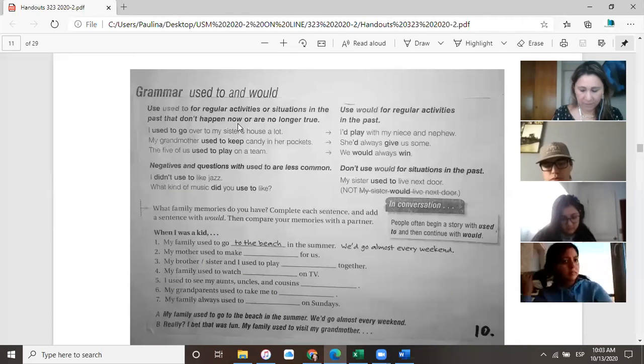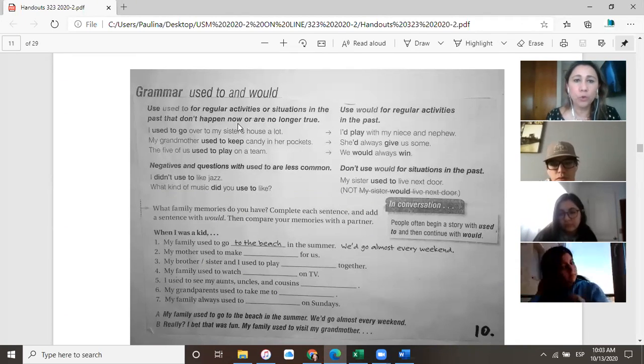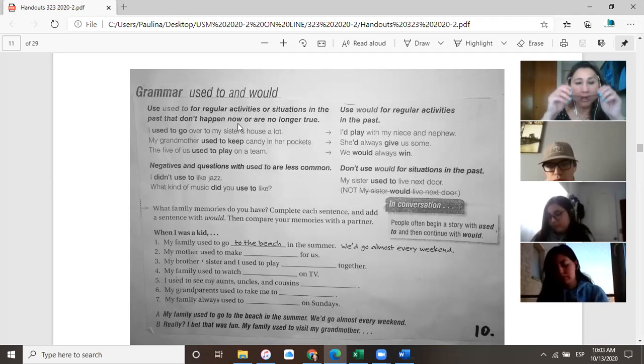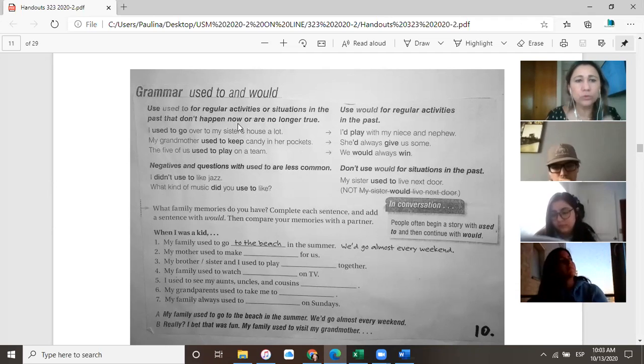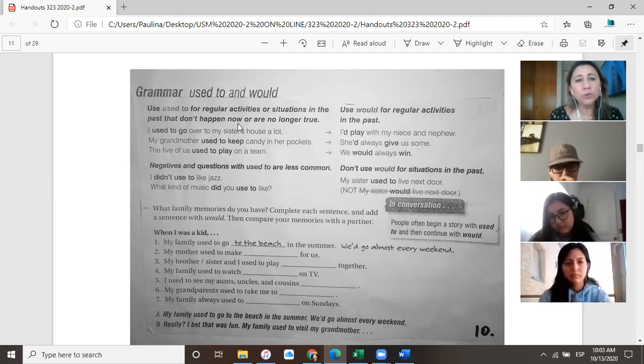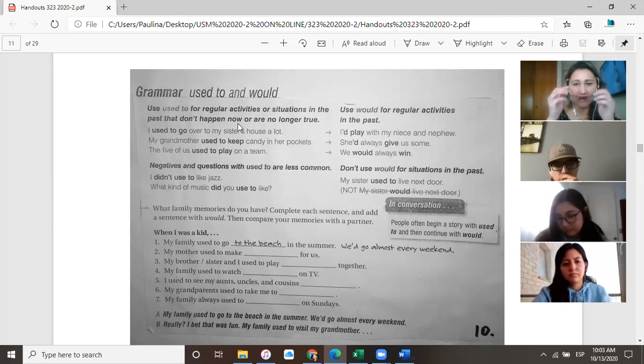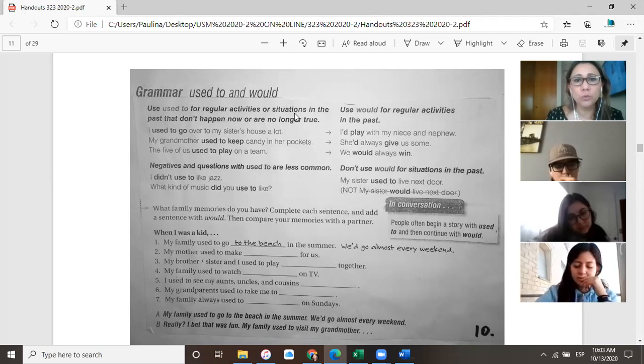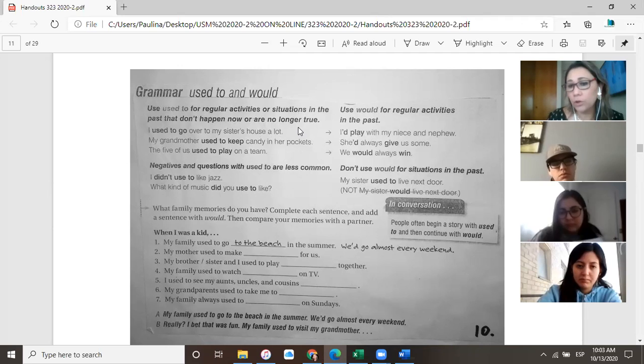Yes? These are some grammar expressions that you use. So when do you use used to? You use used to for regular activities or situations in the past that don't happen now or are no longer true.